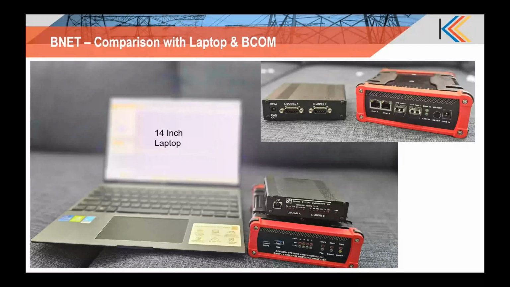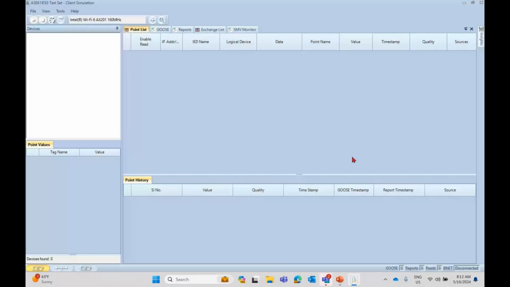All right. So in previous webinars, we've demonstrated the 61850 test set. How do we connect and access the information from the BNET with the 61850 test set? At this point, maybe it's a good time to switch to the 61850 test set and show the actual functionality.